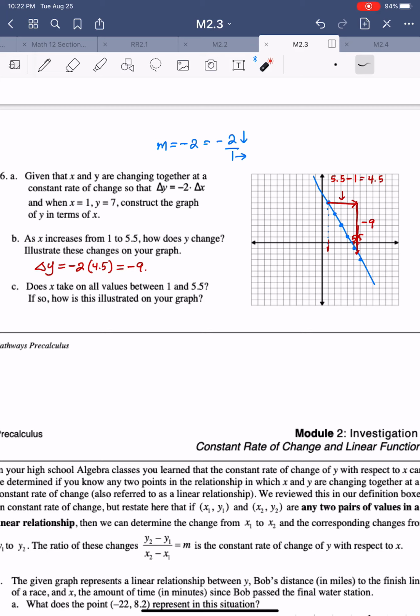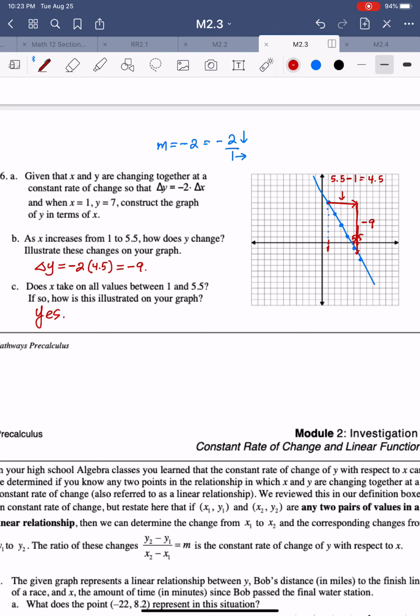The solid vector represents the change in x from 1 to 5 as a horizontal, and can be used to illustrate that the variable takes on every value that lies on the vector of delta x, okay? You can see that all the solid takes all the x from 1 to 5.5, okay? So yes, the answer is yes.